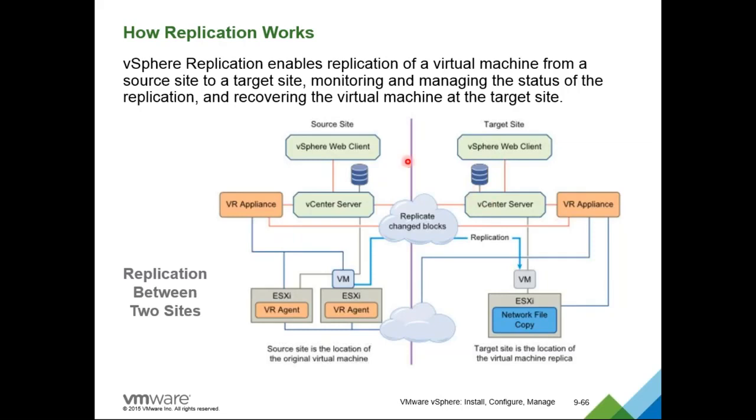Okay, let me explain this way. Assume this is an FT implemented source and destination site. In this scenario, FT enabled VMs are there. The disadvantage is it requires the same hardware configuration. You can't allocate the target site resources to any other virtual machine. It has to be dedicatedly configured for your FT.